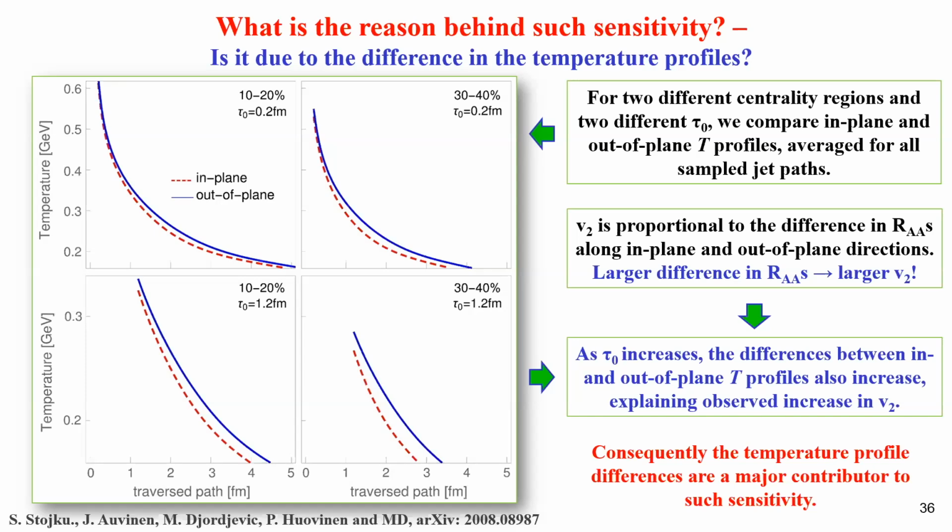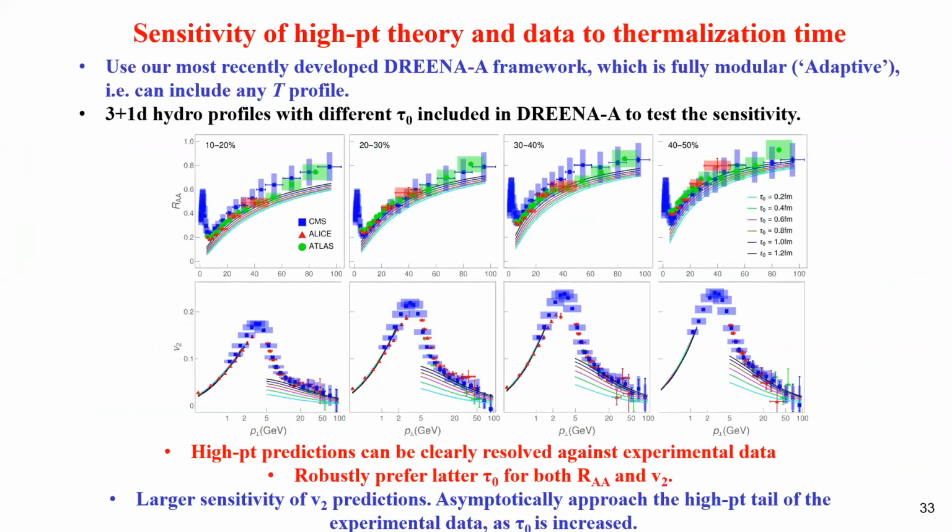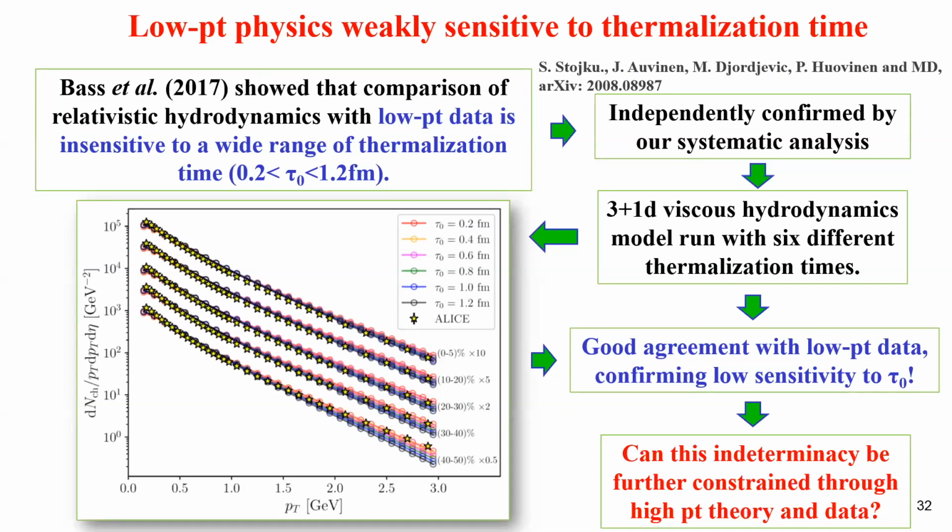So what we want to test that is our future goal. At this point, we don't know what happens before thermalization. What we did is we tried to be very consistent with the study by Bass et al. They started with a very simple scenario: no interactions before thermalization, free streaming for high pT particles before thermalization. They tested this with a large Bayesian approach, and with that they got that thermalization time is between 0.2 and 1.2.